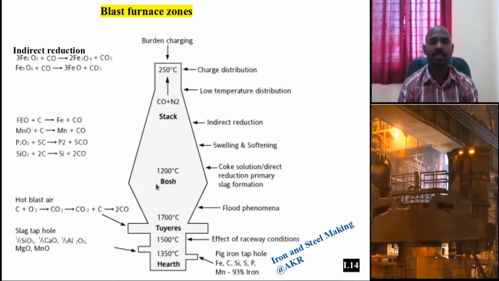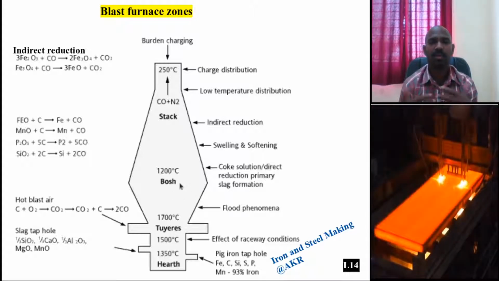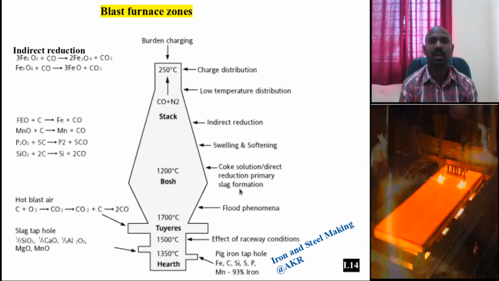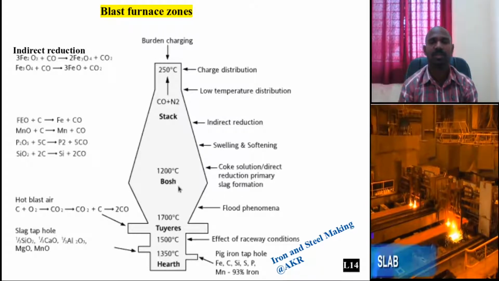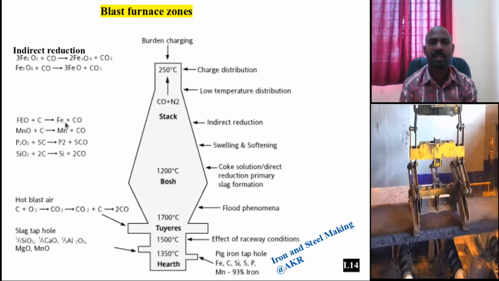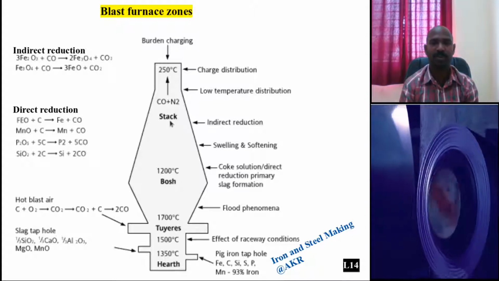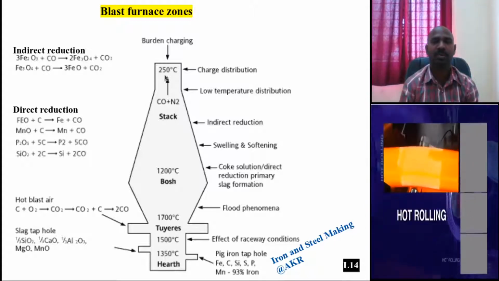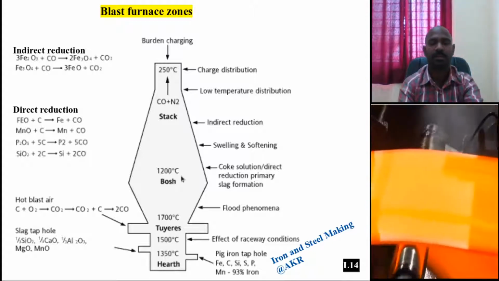It means the carbon goes into the iron, it forms a liquid form of iron and slag, going directly into the iron. Direct reduction reactions like this, and indirect reduction reactions which happen in the stack zone just below the top or throat of the blast furnace.